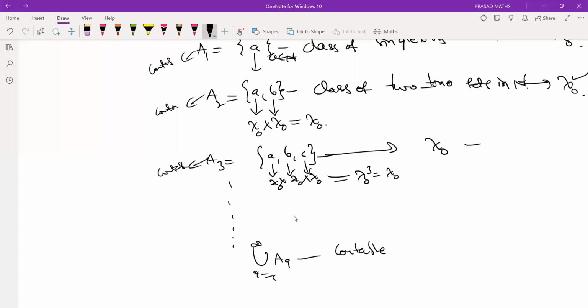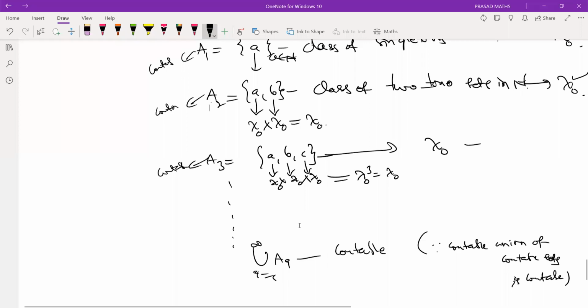Why is it countable? Because A1 countable, A2 countable, A3 countable, A4 countable, A5 countable, going on. Each Ai is countable. Therefore, you take the union A1 union A2 union A3 union A4, going on, is always countable.